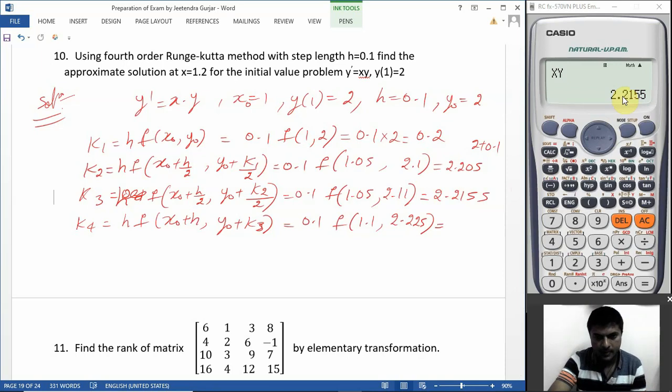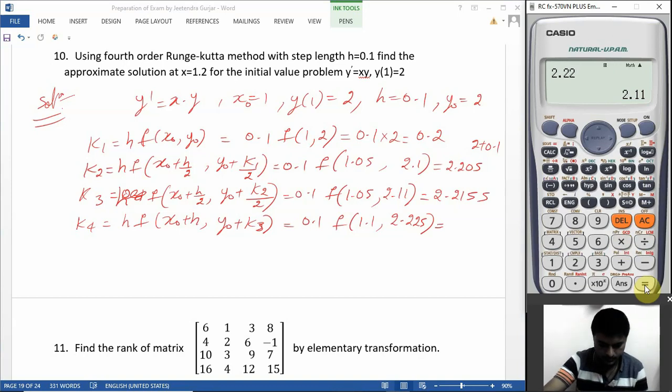So add all these values, students. Therefore the formula goes like this: y of 0.1 is equal to y naught plus 1 upon 6 of k1 plus 2k2 plus 2k3 plus k4. Substitute the values, you will get the answer 2.22141. You should get this answer, students.